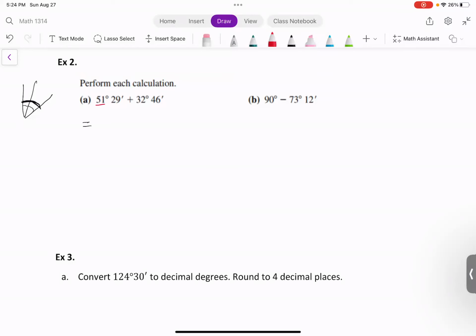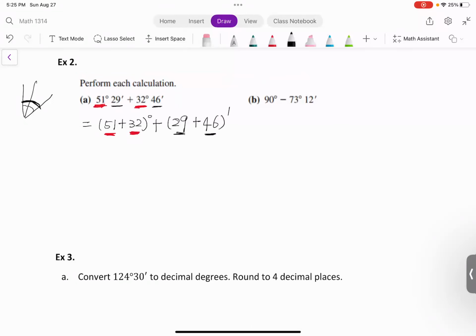I can add the degrees together and add the minutes together. So I have 51 plus 32 degree, plus 29 plus 46 minutes. So look here. I add the degrees together, and then I add the minutes together.